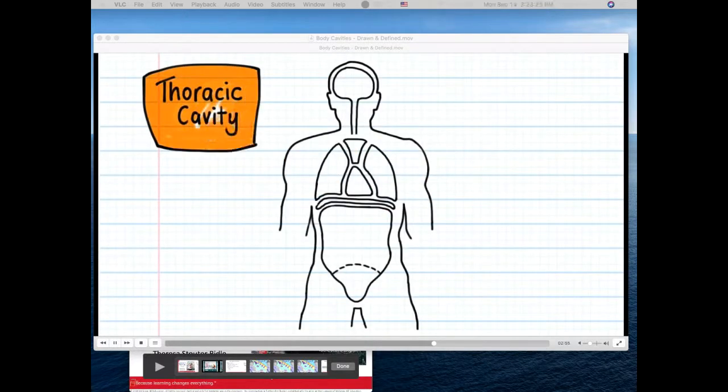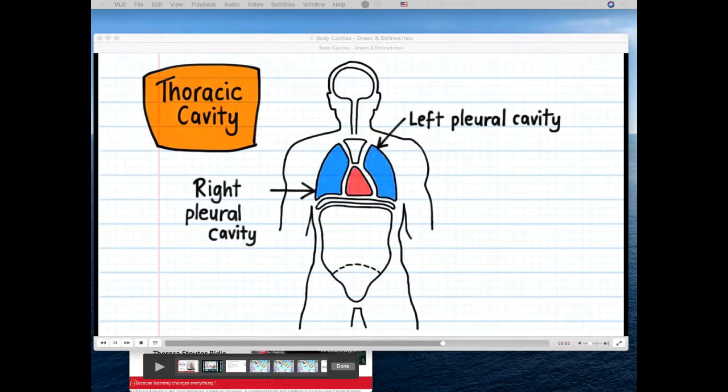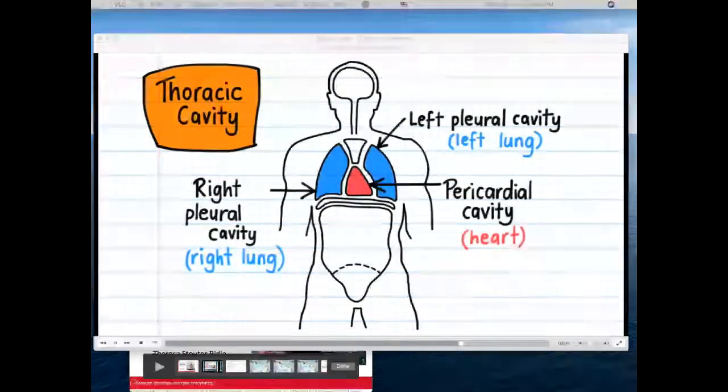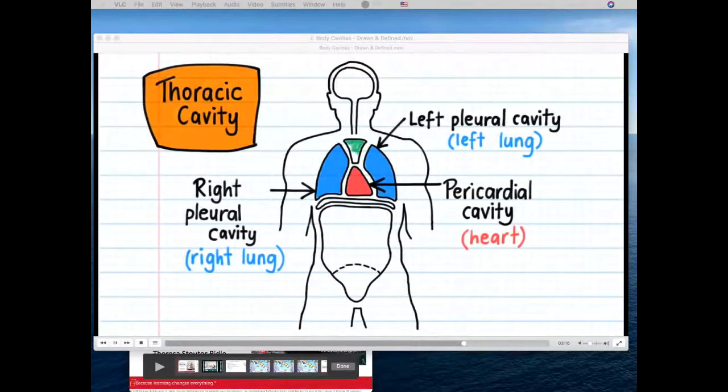The thoracic cavity can be subdivided into the left and right pleural cavities and the central pericardial cavity. The pleural cavities contain the lungs, and the pericardial cavity contains the heart. Separating these three cavities is a partition called the mediastinum.